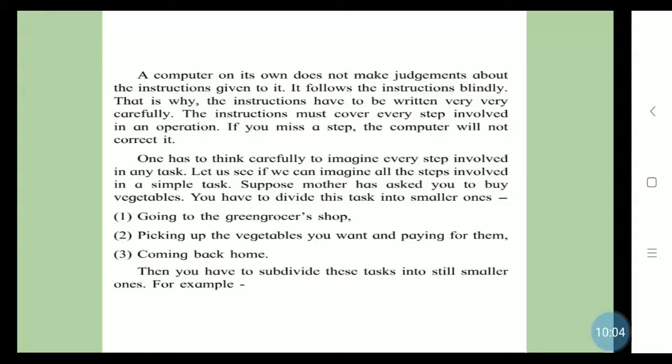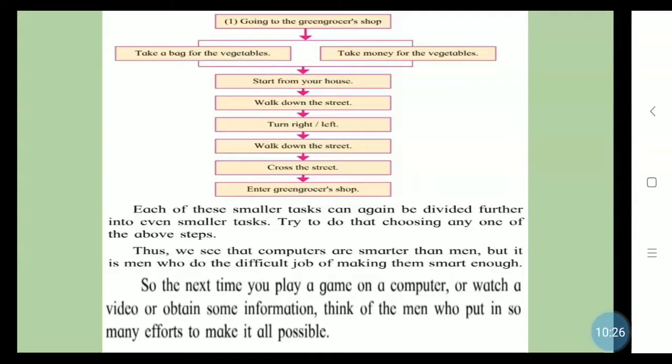Then you have to subdivide these tasks into still smaller ones. The three steps I told you, going to the grocery shop, picking up the vegetables and paying, and coming back home, need to be divided into much smaller tasks. The example is given to you in the form of a flow chart.